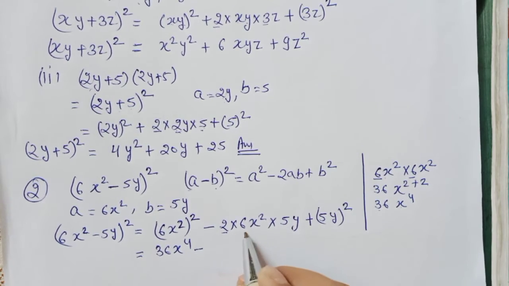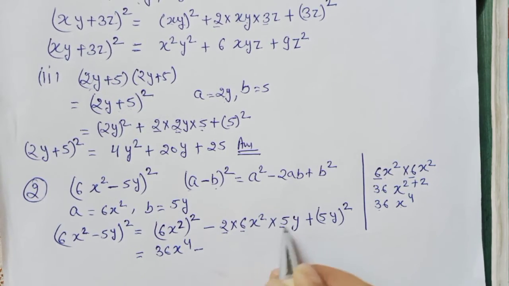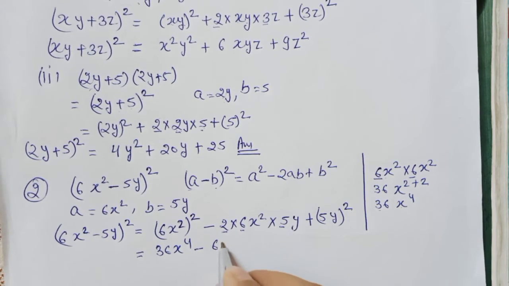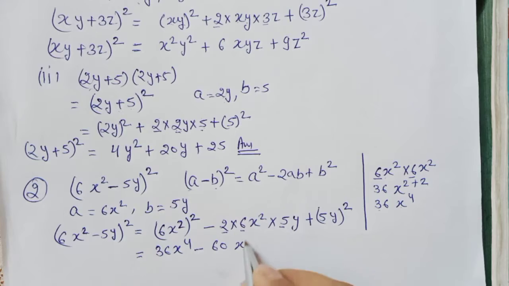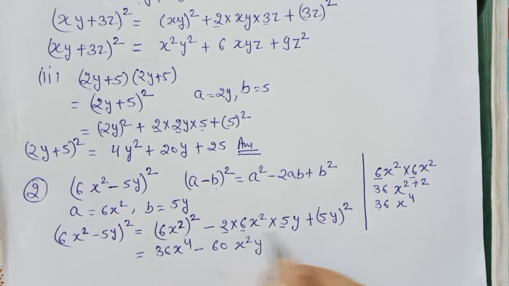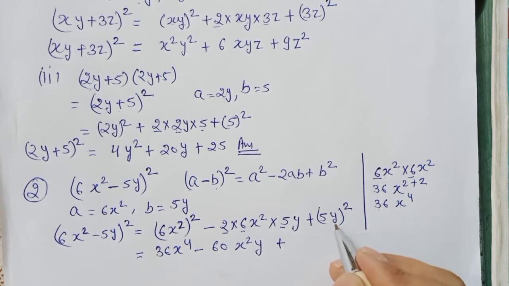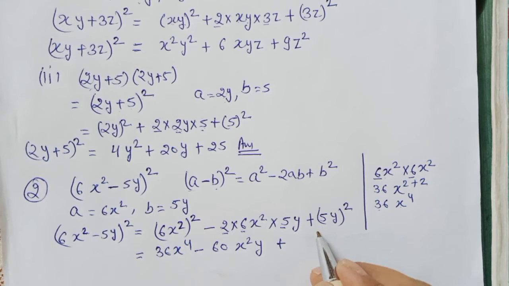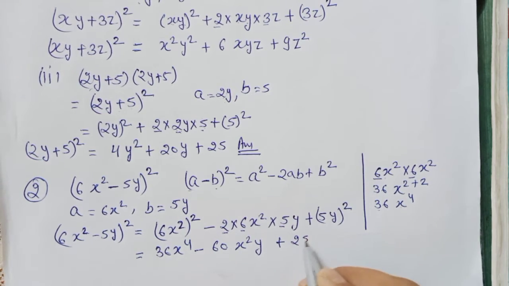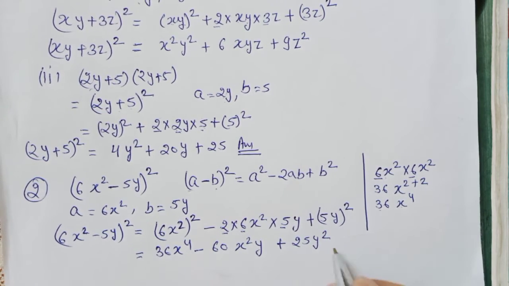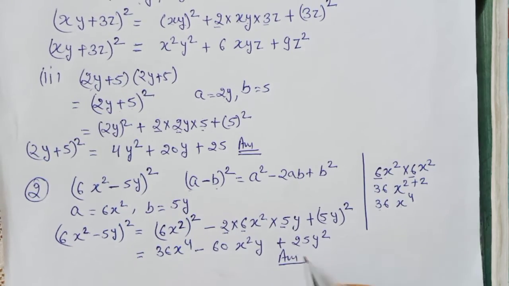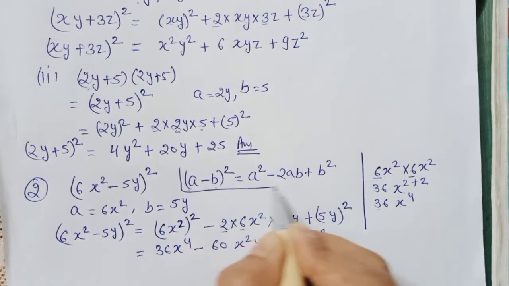Now multiply the constant terms: 2 times 6 is 12, 12 times 5 is 60, x square and y, plus (5y) square. (5y) square means 5y into 5y, which means 25y square. So this is your answer by using the second identity.